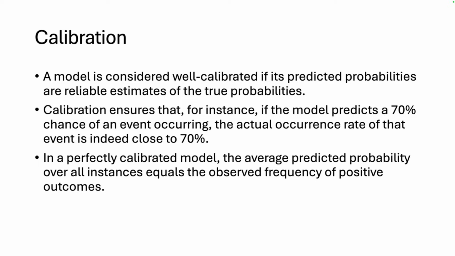It's not really changing anything your model does, other than ensuring that when we serve a prediction of 70%, the actual occurrence rate of that event is close to 70%. So it's something that we enforce on the model in order to make these predictions interpretable and feel right to humans, basically. So in a perfectly calibrated model, the average predicted probability over all instances is equal to the observed frequency of those positive outcomes.